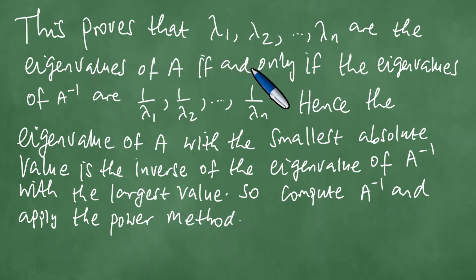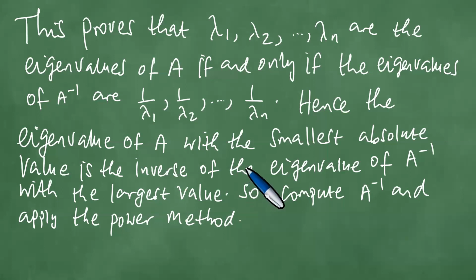Okay, we're saying this proves that lambda 1, lambda 2, up to lambda n are the eigenvalues of A if and only if the eigenvalues of A inverse are 1 over lambda 1, 1 over lambda 2, 1 over lambda n. Hence, the eigenvalue of A with the smallest eigenvalue is the inverse of the eigenvalue of A inverse with the largest eigenvalue, with the largest magnitude.